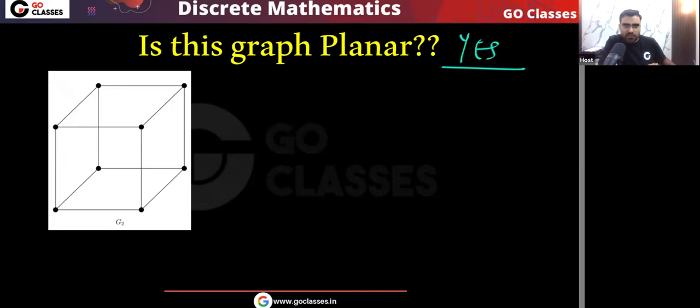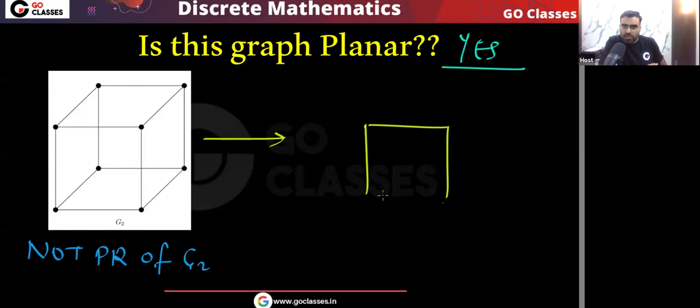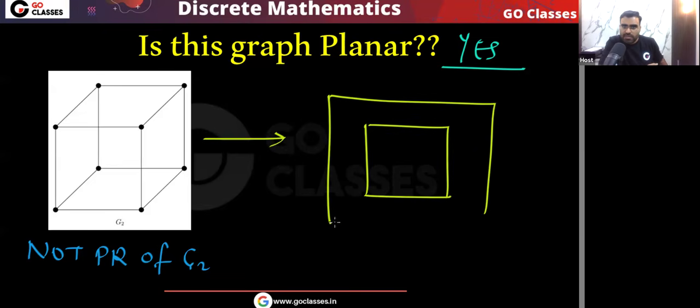We have already seen this graph is planar, but remember this drawing is not a planar representation of G2. I can create a planar representation of G2. For example, look at this. Like this, I can create the planar representation. Yes or no? Now this is the planar representation of G2.